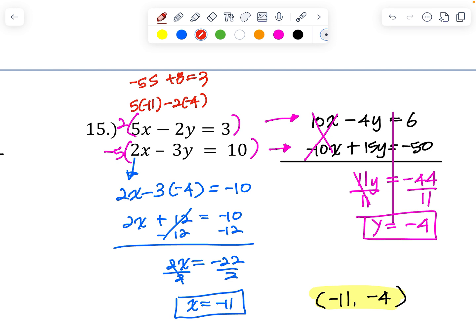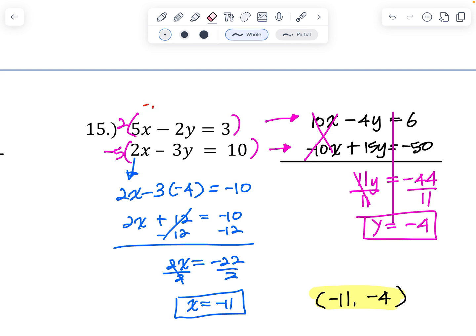So let me just double check and make sure I did distribute correctly. That's 10x, that's 4y, and that is 6. And that's negative 10x. It is positive 15. And that is negative 10. Okay, so those things are all good, I feel like.